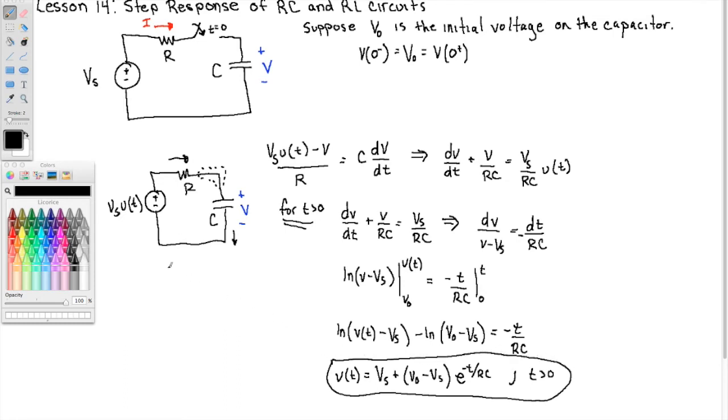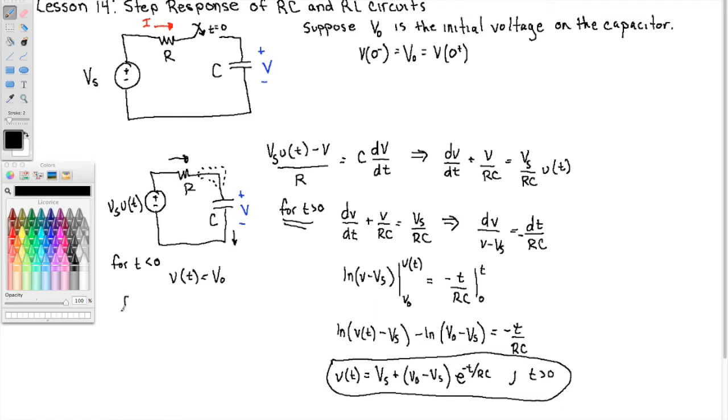For t less than 0, that's when the voltage source has not been switched in yet. So the voltage across the capacitor is simply this initial voltage. It's really not a function of time, it's a constant. Now we can put these two pieces together, t less than 0 and t greater than 0, piecewise.